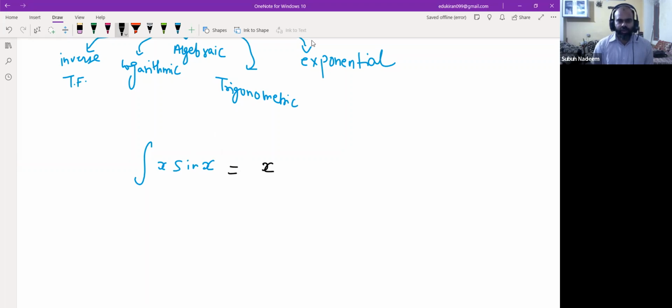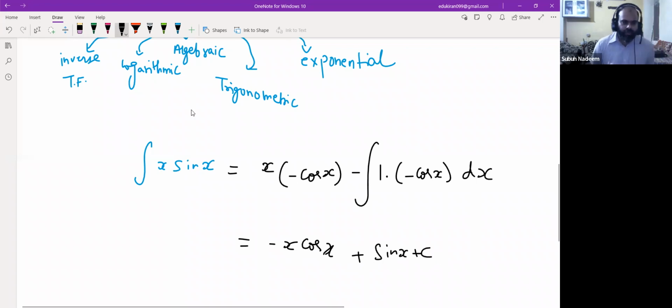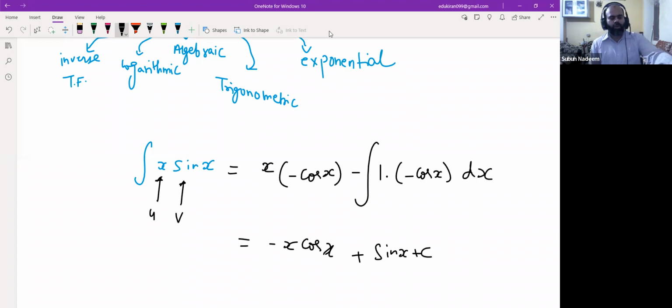First function, integral of sine x, the second one, is minus cos x, it will become minus integral of derivative of the first, that is 1, and integral of sine x is minus cos x, and then you will integrate the whole. So minus x cos x plus integral of cos x will be sine x. This is the simplest example to understand how ILATE is applied. This is u, this is v. If we do the opposite, we won't be able to integrate because it will become more difficult.